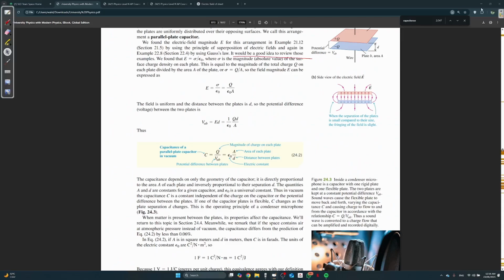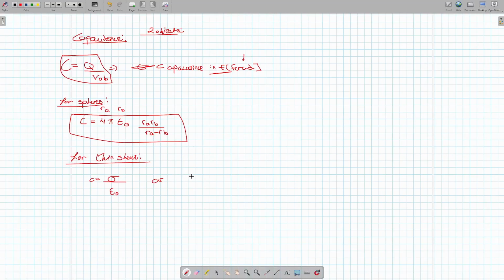But the one used mostly is epsilon naught A over D. So these are the main formulas you need to know. Again, distance D is the distance between both plates. You need to know that epsilon naught is a constant, which is 8.85 times 10 to the minus 12.